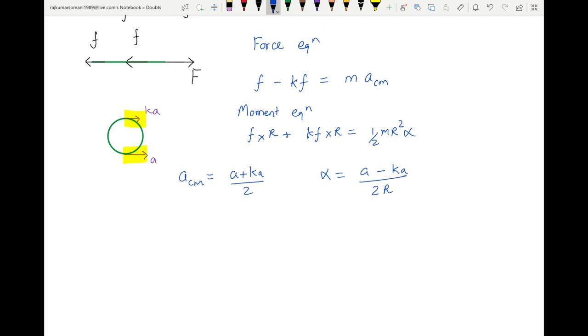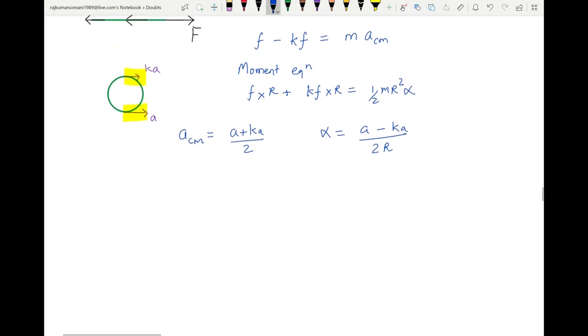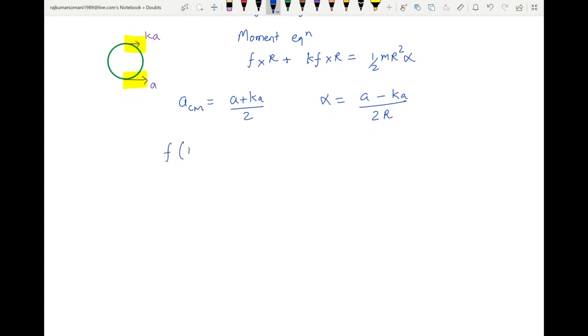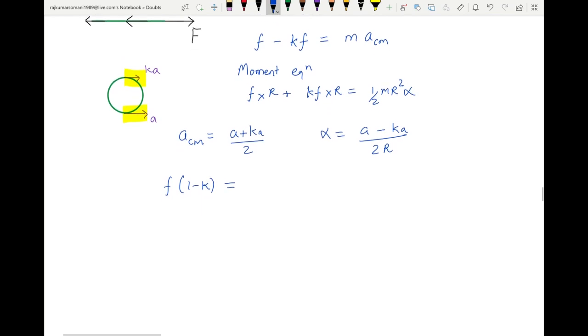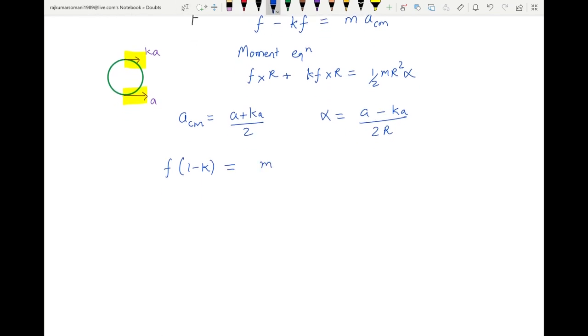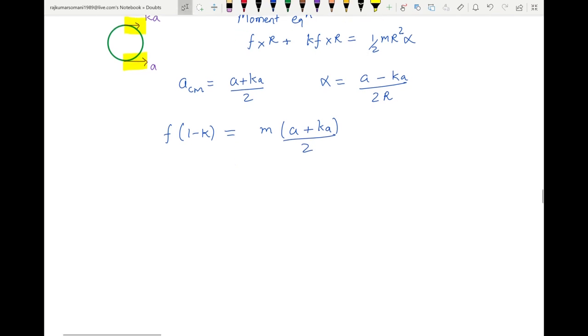Now let's substitute the acceleration of center of mass and angular acceleration in our force and moment equations, and the result is f into 1 minus K equals M into A plus Ka divided by 2, and from the moment equation we get fR into 1 plus K equals half mr square times alpha, where alpha is now known in terms of A, K and radius.